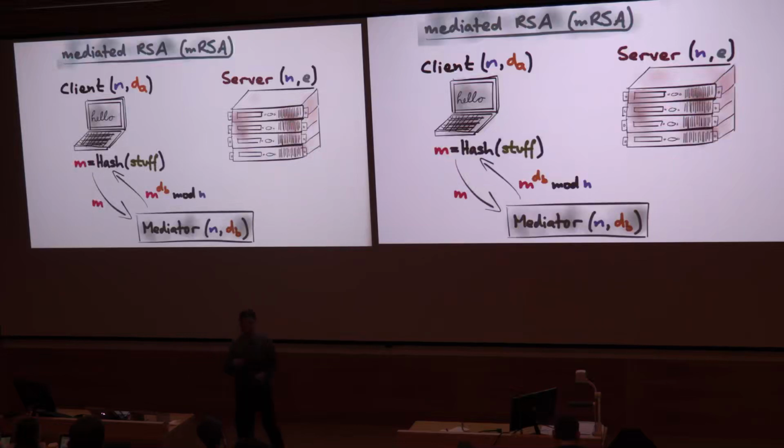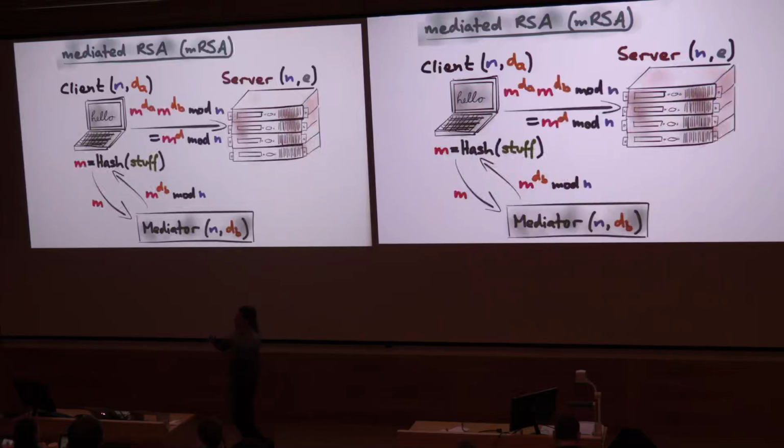It only performs M to the power DB mod N and passes that back to the client. The client can now do its part of the exponentiation. It has DA, so it can do M to the power DA, multiply that together with the result that it got back from the mediator, mod N, and it's constructed a valid signature.